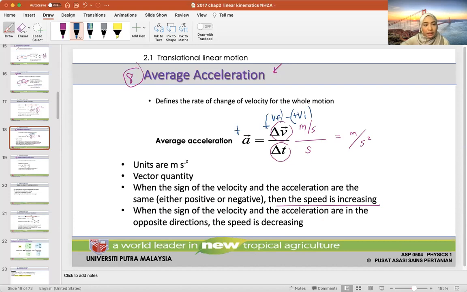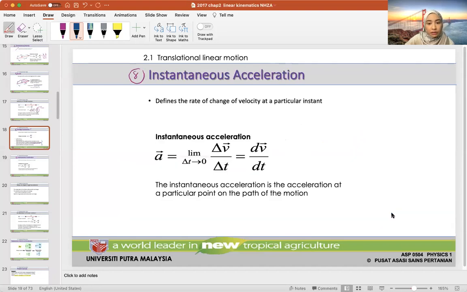We have not seen what that looks like yet, but that's okay, we will go over it later. Just remember this point first. If they have the same sign, the speed is increasing. If they have opposite sign, the speed is decreasing. And we will see it in an example later on.